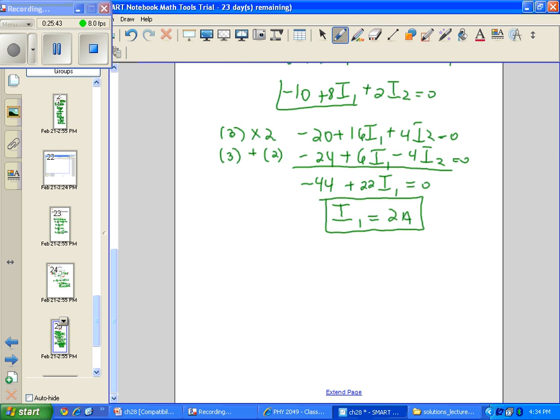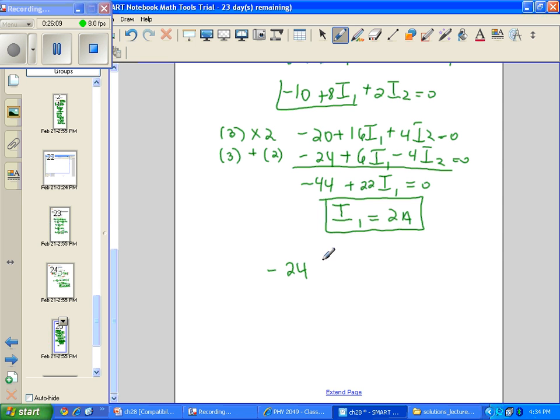To get my second unknown, I have several choices. Namely, I can take the value of I1 and substitute it into either equation 2 or equation 3, any equation which has I1 and another unknown. In this case, it will be I2. Let's go ahead and plug it into equation 2.